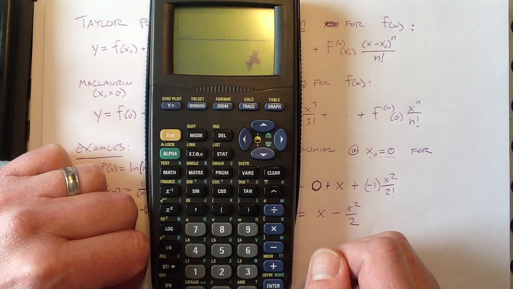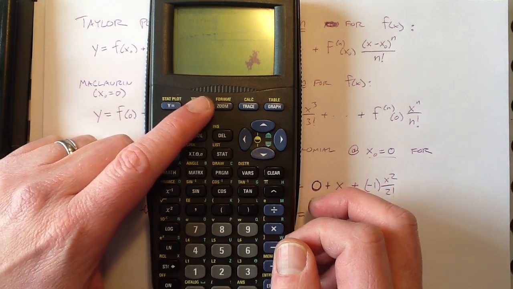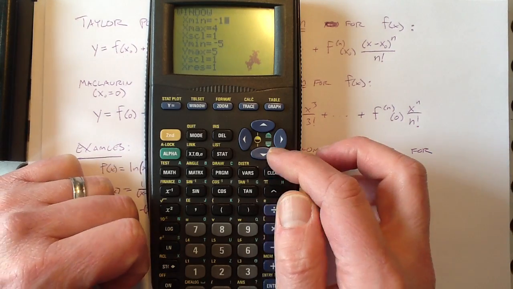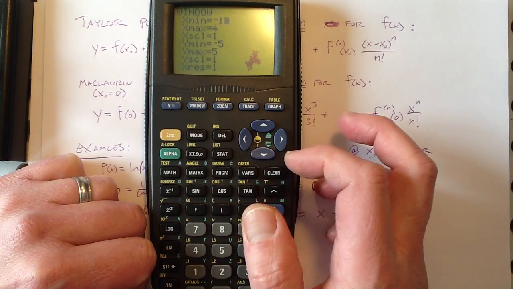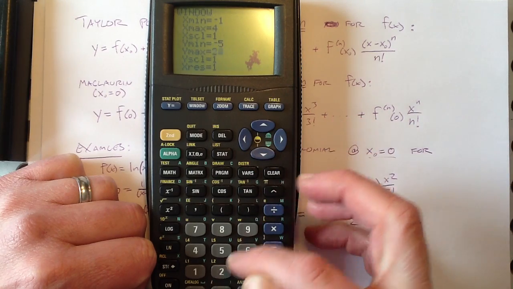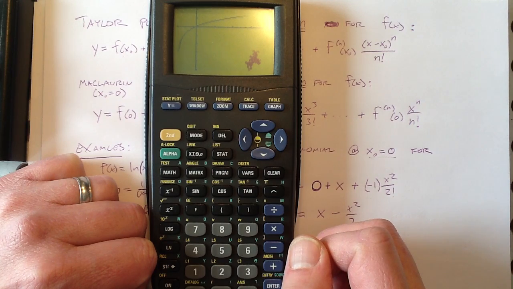See how that looks. And actually, since I did the natural log of x plus 1, I'm going to go from negative 1 to 4. So you can see it plunging down, its vertical asymptote. I'll make this a little bit lower. All right, there's a pretty good look at it.